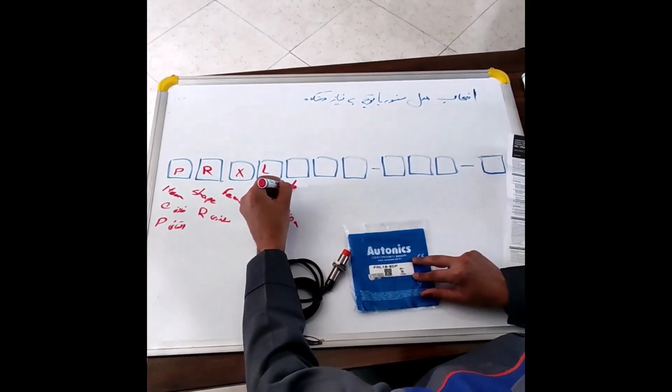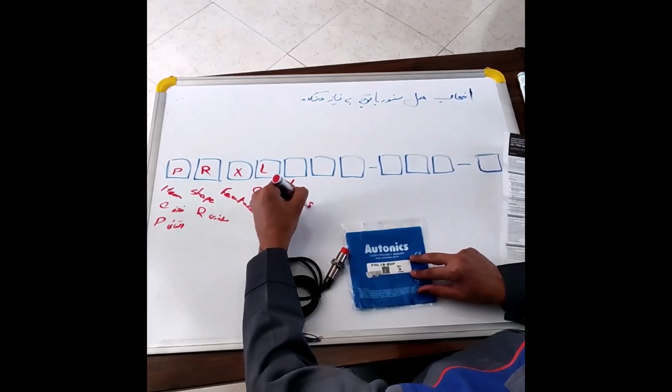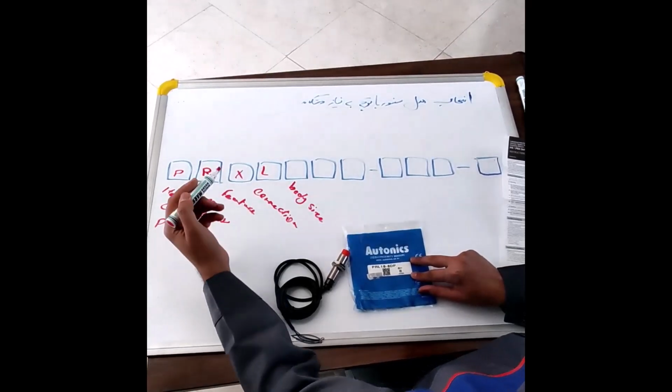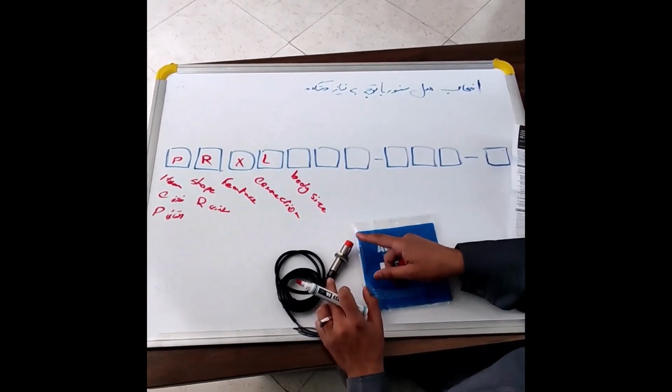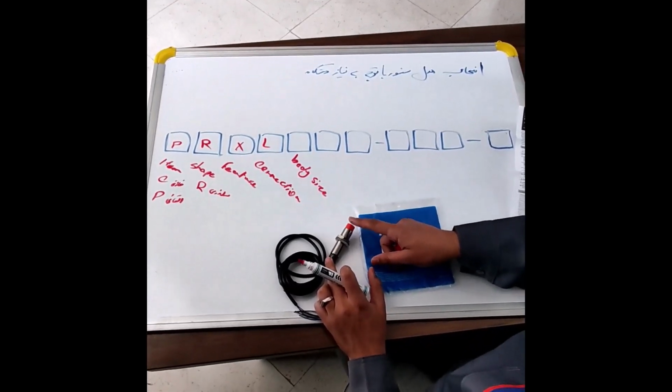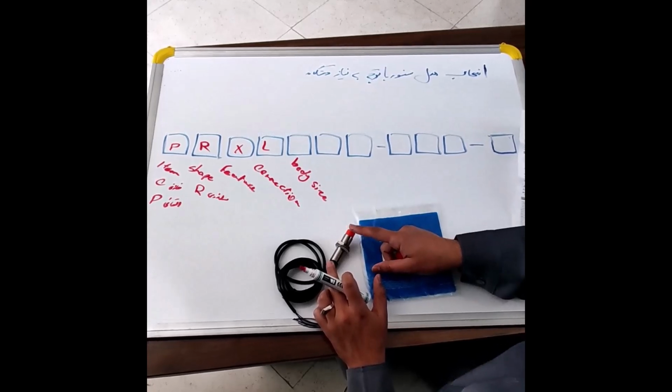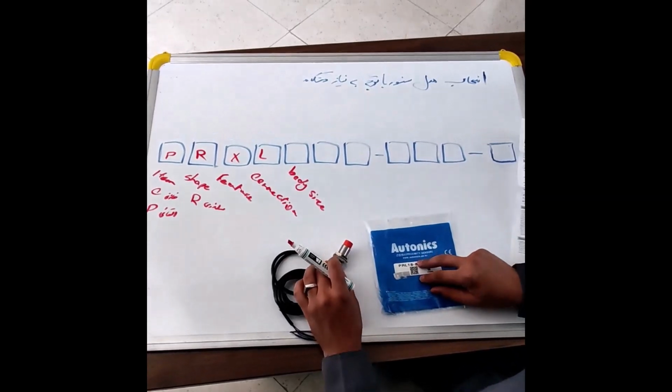The fifth square is body size, which shows the size of the sensor cylinder, which is a long body or a short body.